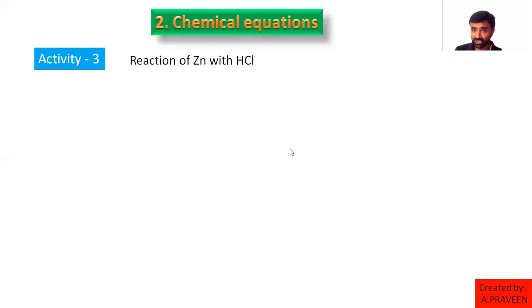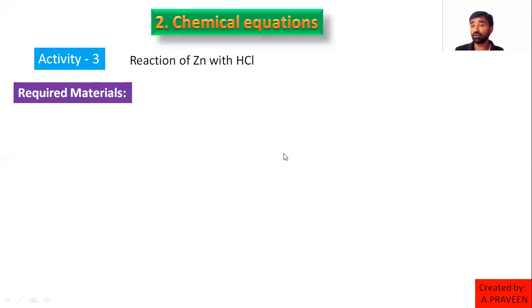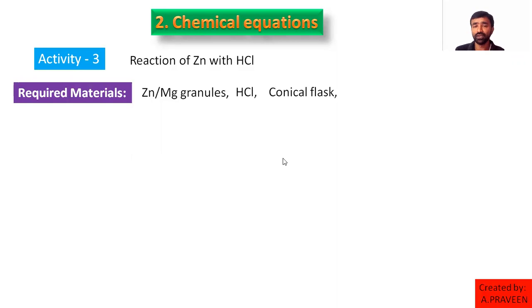To observe this, I require a few materials. What are they? Zinc or magnesium metal granules. Along with that, one acid is required. To take them, we require a dropper, glass tubes or a beaker, etc. So you can make them into a list.